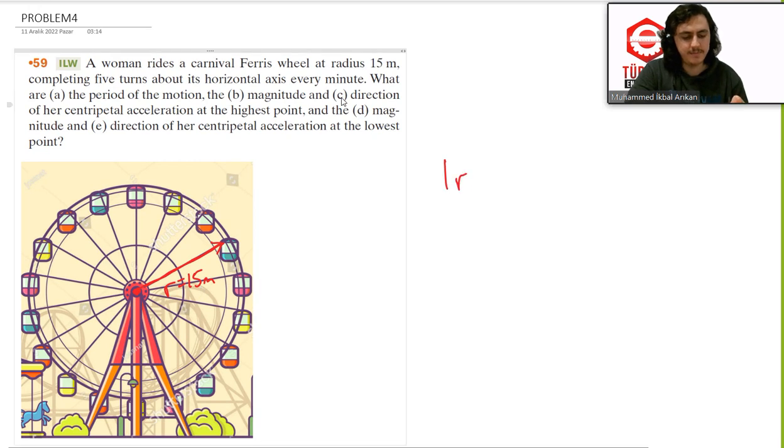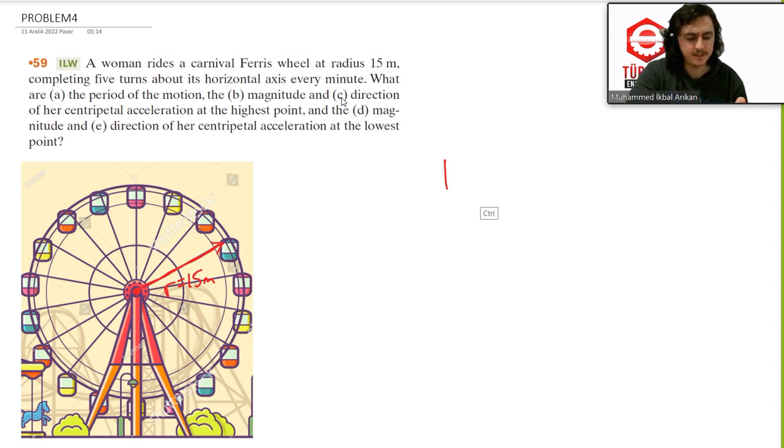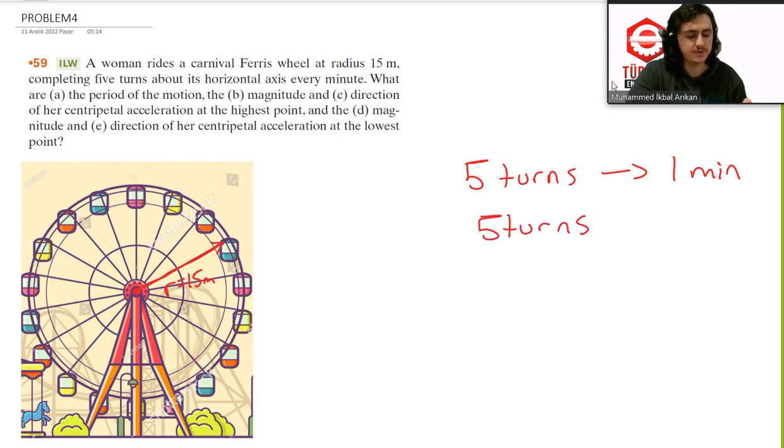So 5 turns in 1 minute, or we can say 5 turns in 60 seconds.